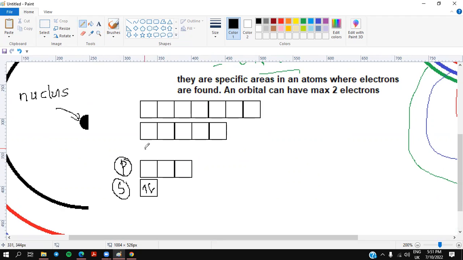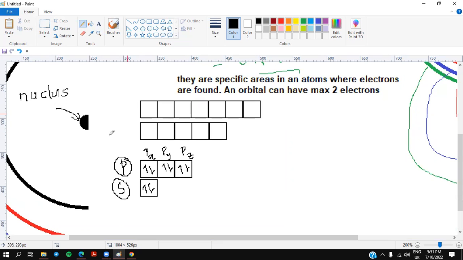The first one is known as px orbital. Second one is py orbital. Next one is pz orbital. One orbital can have 2 electrons, so the 6 electrons in the p sub-energy level can be arranged in 3 orbitals, each having 2 electrons.